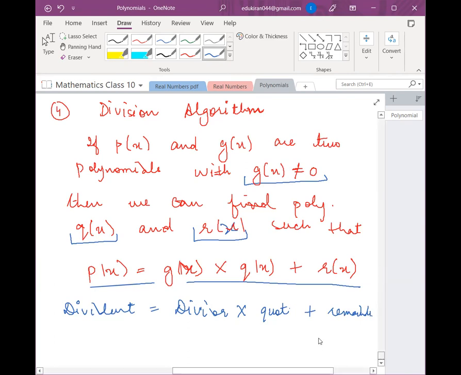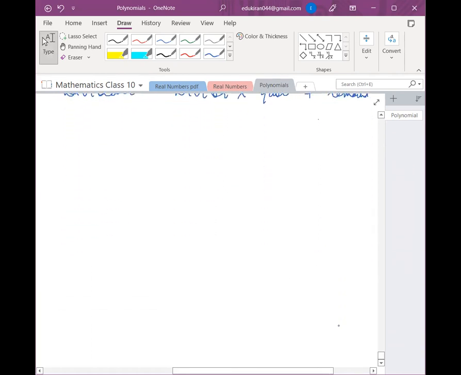Now come back to question number 4. On dividing this by a polynomial g(x), p(x) is given. That means this is my dividend, which is already given to you: x cube minus 3x square plus x plus 2, divided by g(x), which is your divisor.